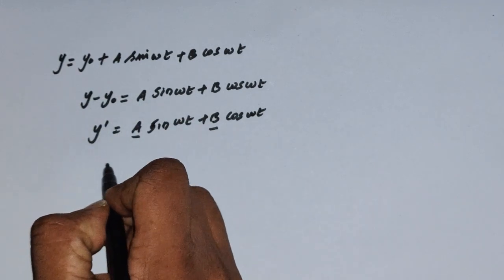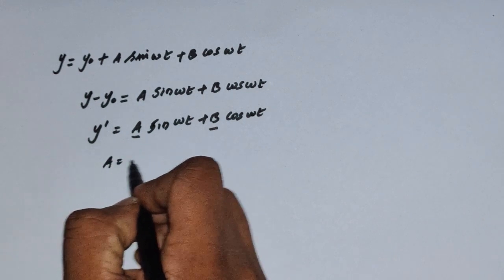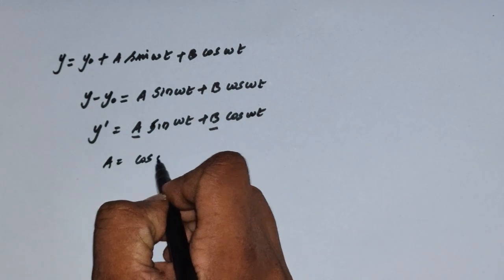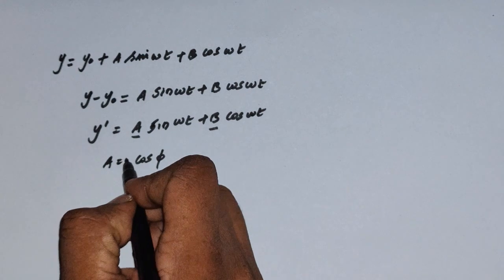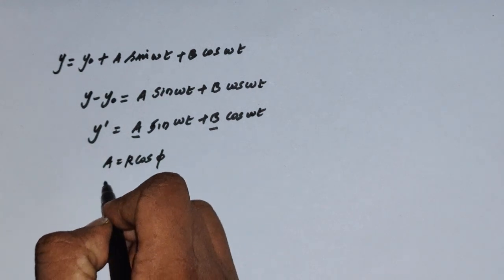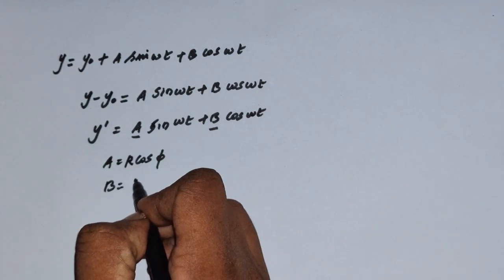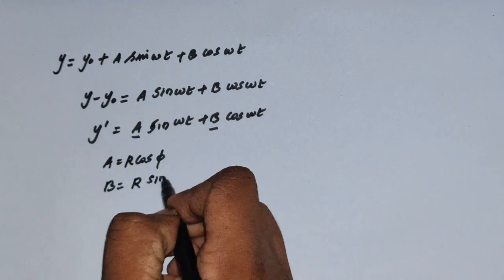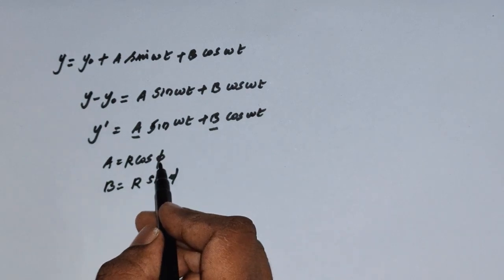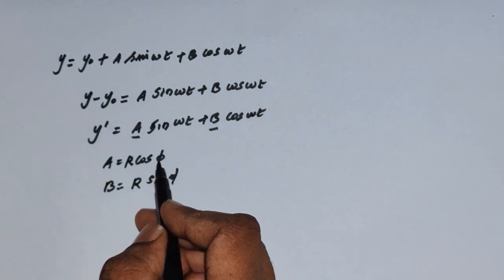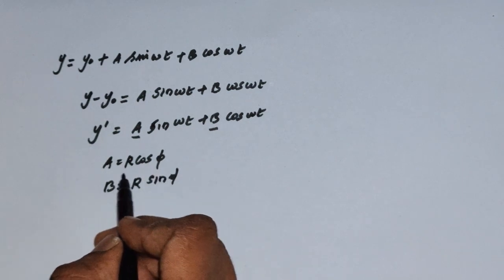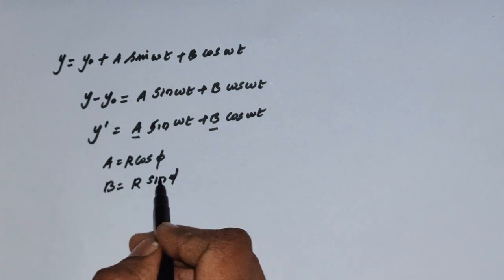So you can define the amplitude a in general as r cos phi, then b equal to r sin phi. When phi equals 0, a will be r and b will be 0.